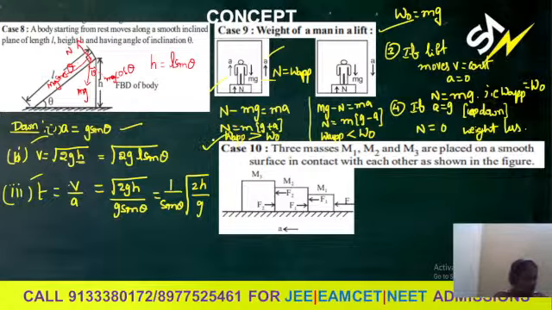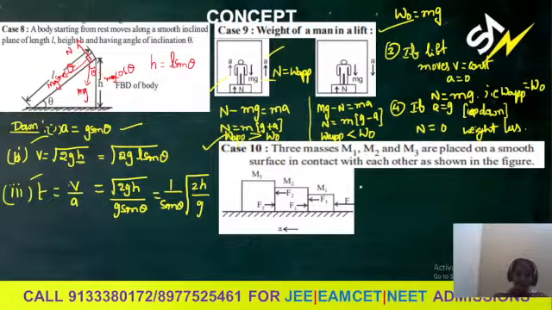And last situation, we are given three masses which are in contact, and they give the forces directly acting on those masses. So we need to find the forces acting on those masses and the acceleration of the system. As they are connected, they move as a whole.